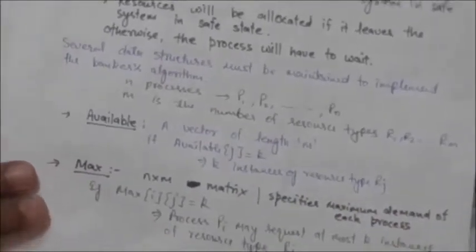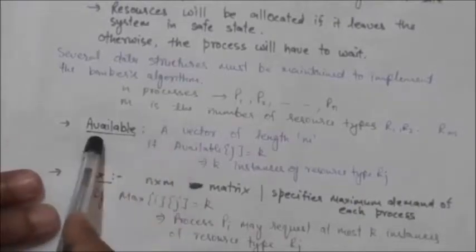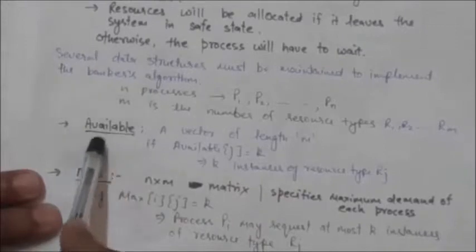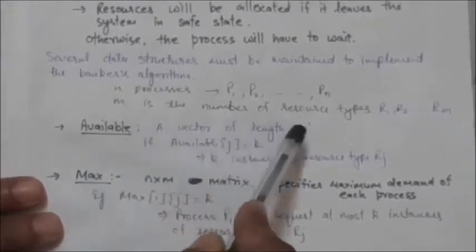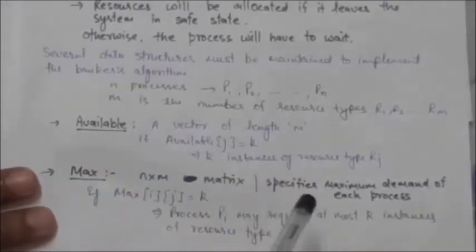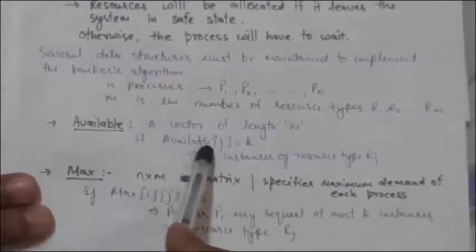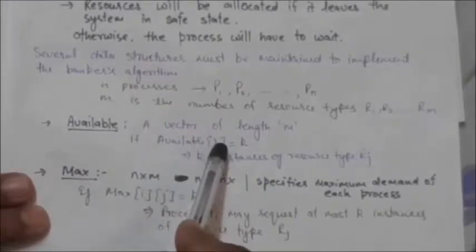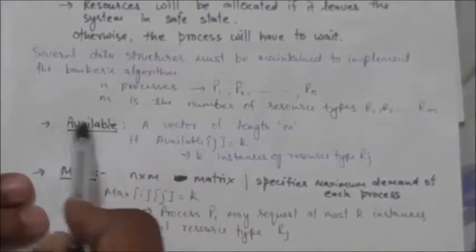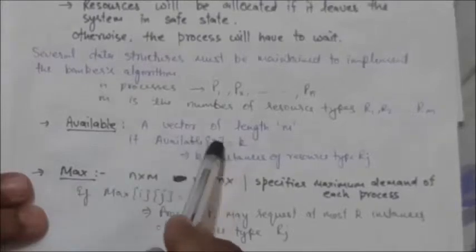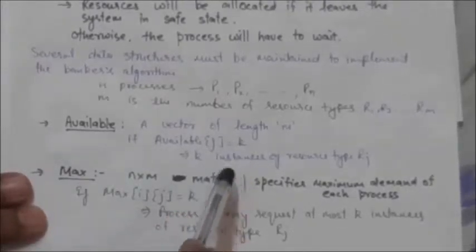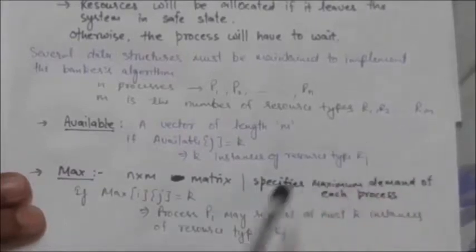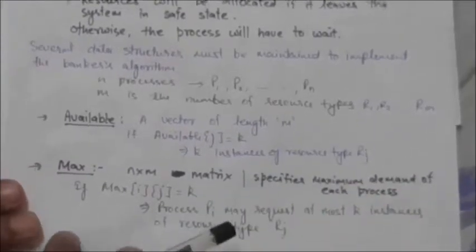So we need to maintain a vector of length m called Available. If Available[j] is equal to k, then it means that k instances of resource type rj are available.